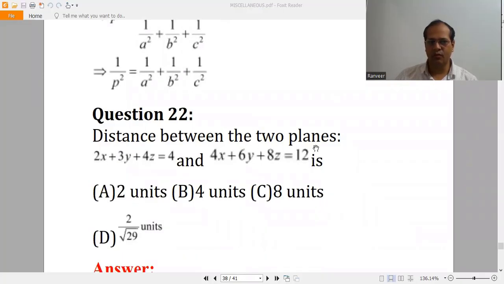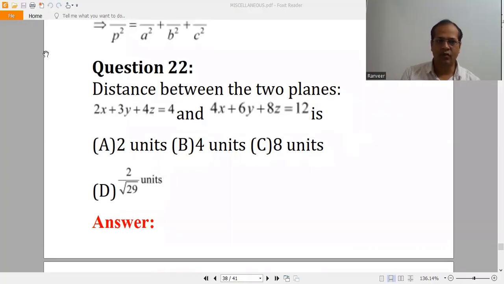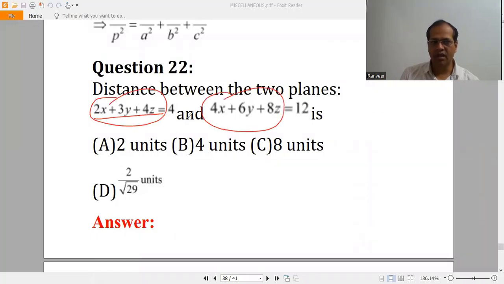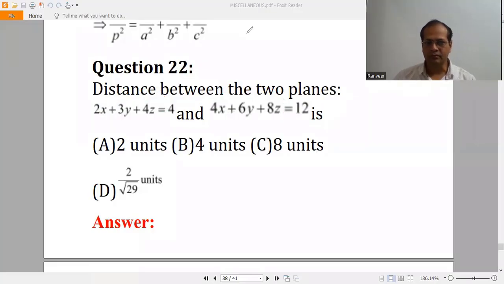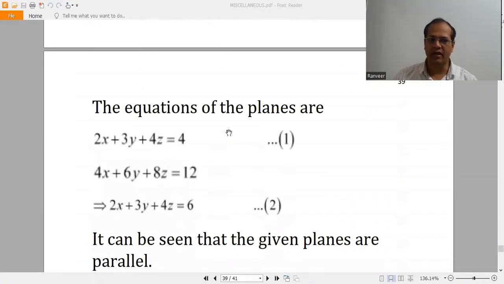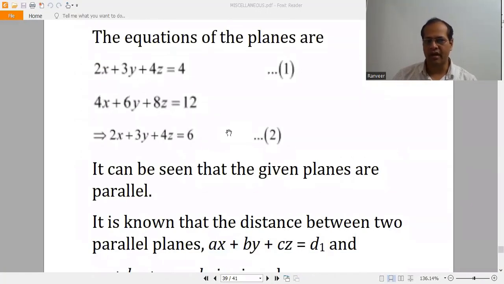Now the distance between two planes, 2x plus 3y plus 4z. If we look at this, both planes are parallel because the ratios are 2 by 4, 1 by 2, 3 by 6, 1 by 2, 4 by 8, 1 by 2. So how do we find the distance between two planes? Similarly to finding the distance between two parallel lines.